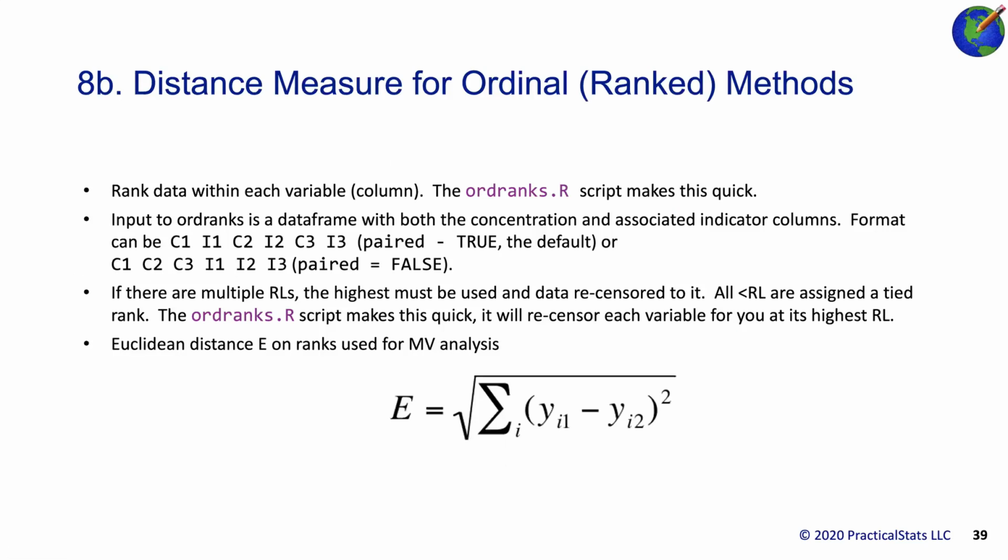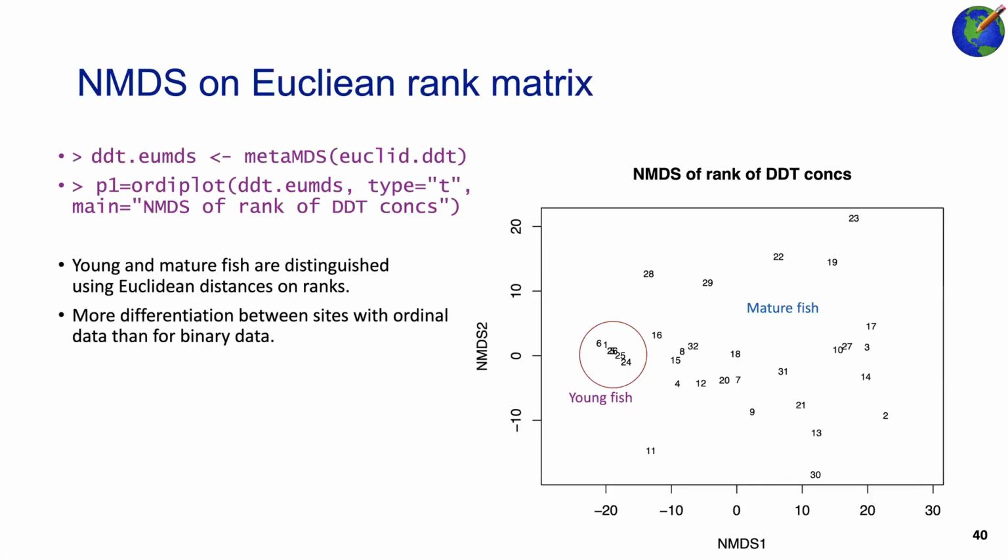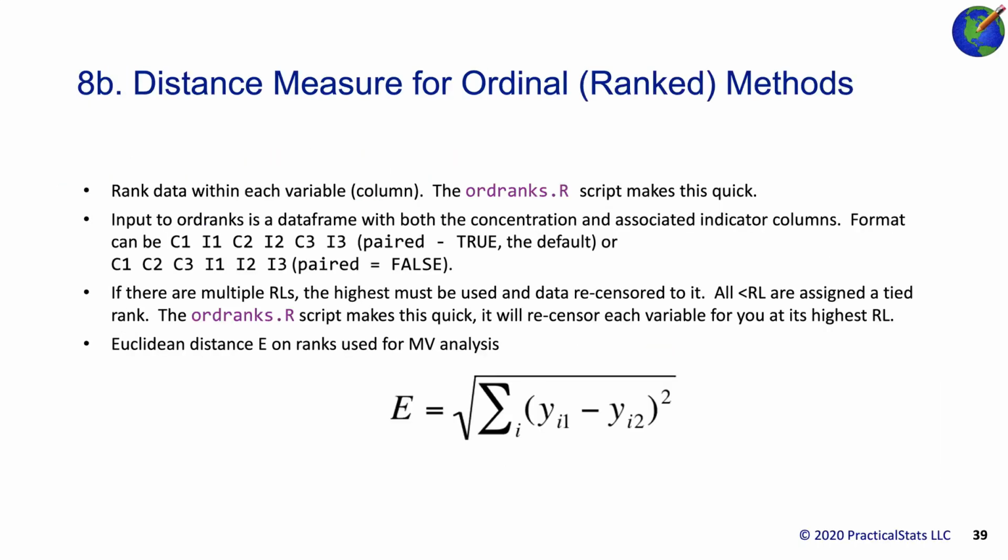You can do something similar for ranked data, except it's a different metric. It's the Euclidean distance. So this is a distance, a straight line distance in multidimensional space. And you would do that on the ranks of the data. And so these routines that I'm just flashing up here, ordranks.r computes these ranked data within all of the different columns.